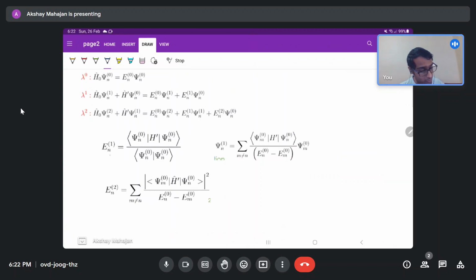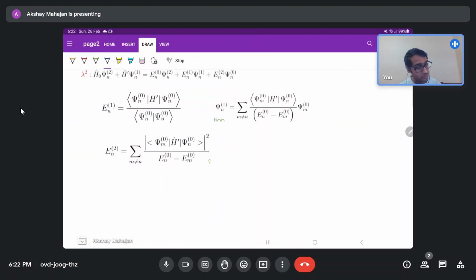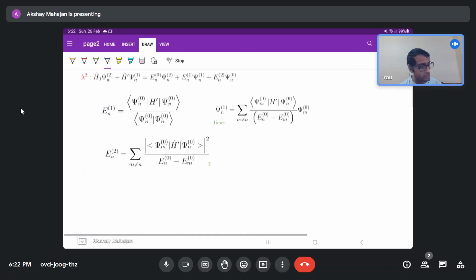This is our first order energy correction, and its derivation is also provided within the lecture. Similarly, we can find the first order energy correction to our wave function as well. Then similarly, using the same procedure, we can also find the second order energy correction.